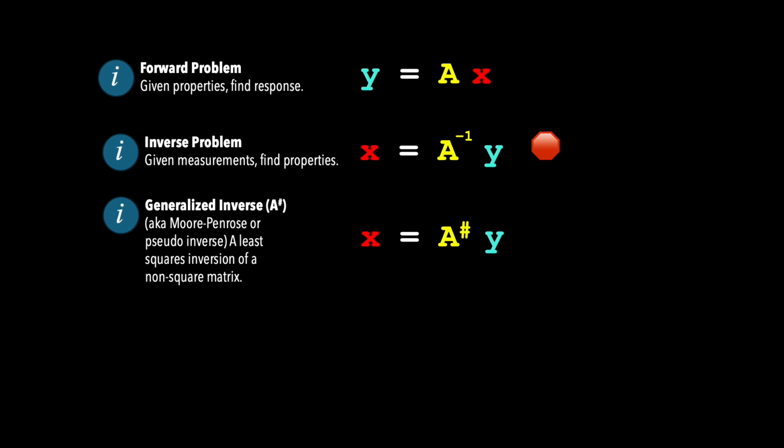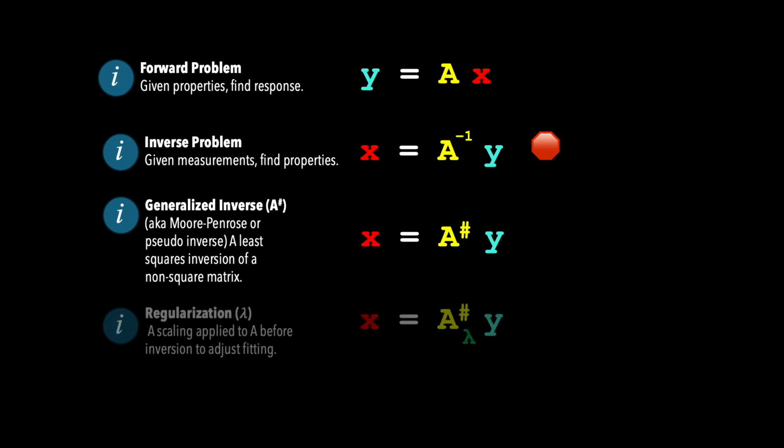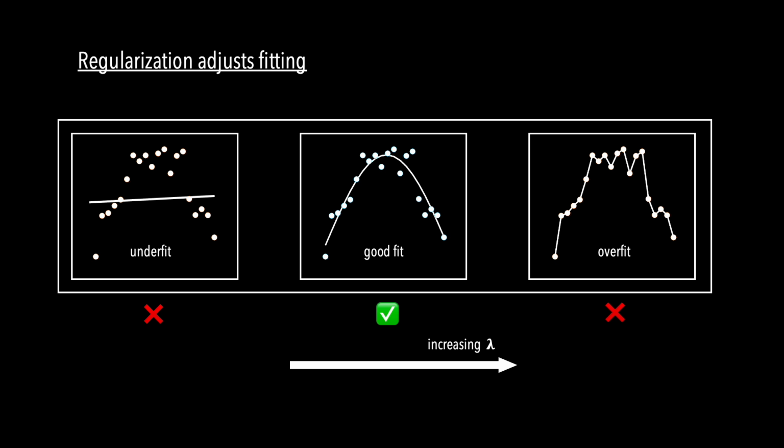However, a generalized inverse is not unique, and in most inverse problems, auxiliary conditions are imposed on the solution, usually enforcing a desired behavior of the model. This adjustment is called regularization. It is implemented by specifying one or more regularization parameters, here denoted by the Greek letter lambda. The idea is to obtain a sensible fit of the data when working with an underdetermined system, that is, a problem in which there are more unknowns than equations.